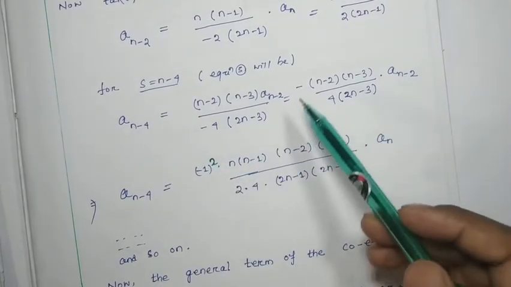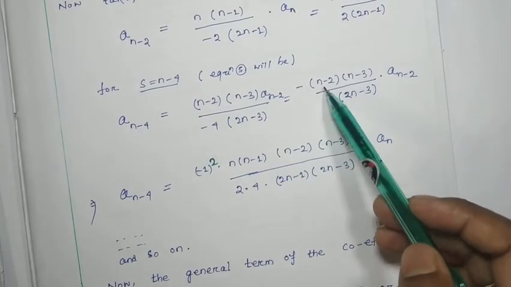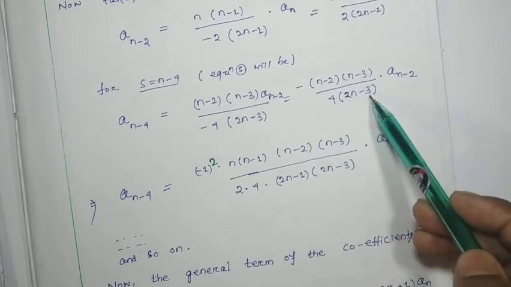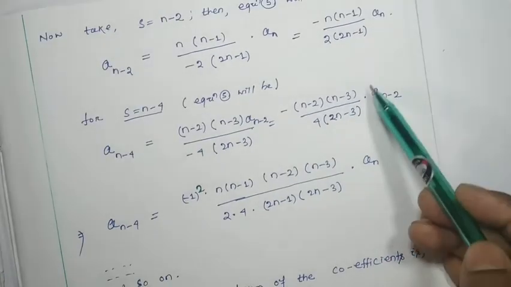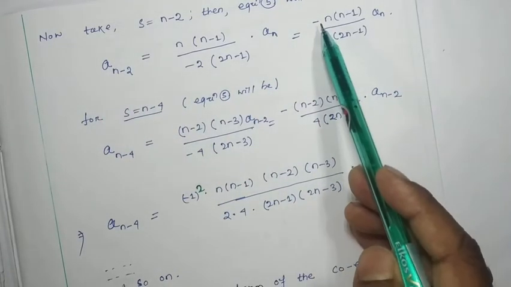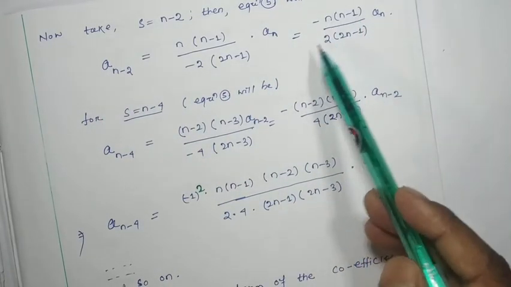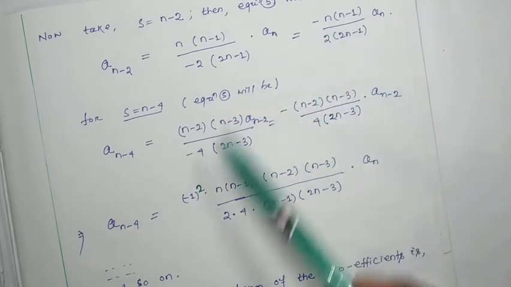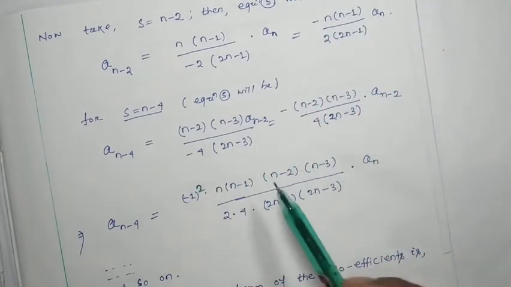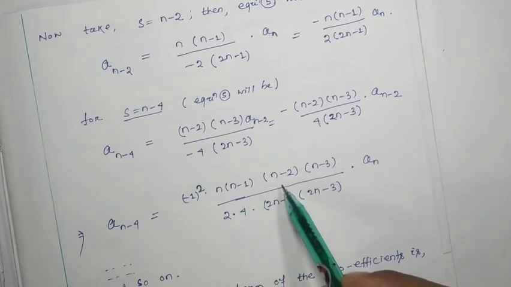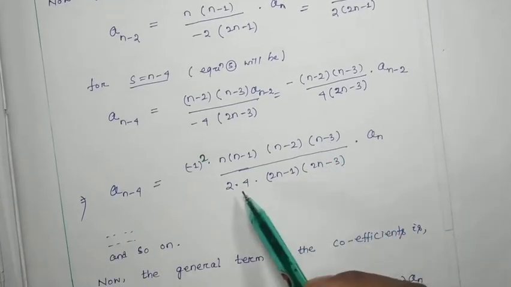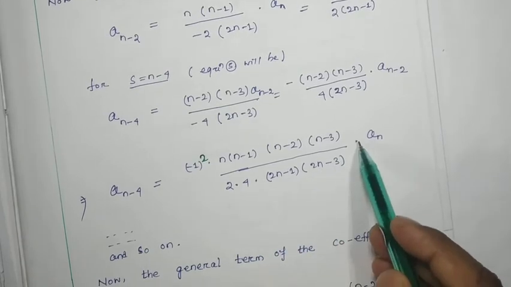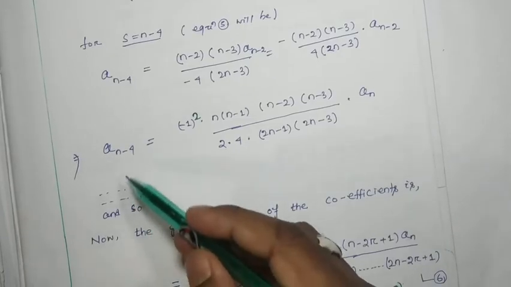See here it is minus n minus 2 into n minus 3 whole divided by 4 into 2n minus 3, and you have to put, instead of a n minus 2, minus n into n minus 1 by 2 into 2n minus 1 a n. So minus and minus, we can write minus 1 to the power 2 and n into n minus 1 into n minus 2 into n minus 3 divided by 2 into 4 into 2n minus 1 into 2n minus 3 into a n, and so on.